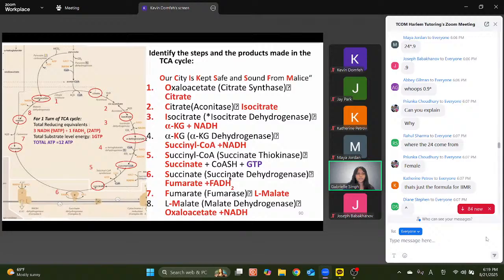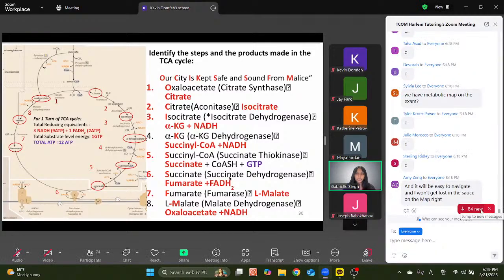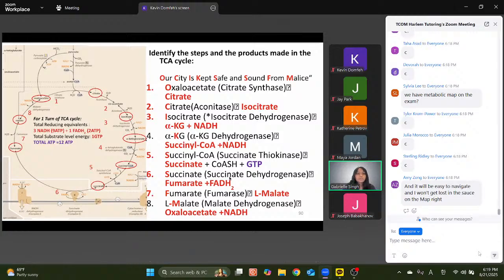Here's the whole TCA cycle, and I basically just switched up the substrates that were produced. So A would have produced NADH, which was so malate and oxaloacetate. Malate produces oxaloacetate and NADH.